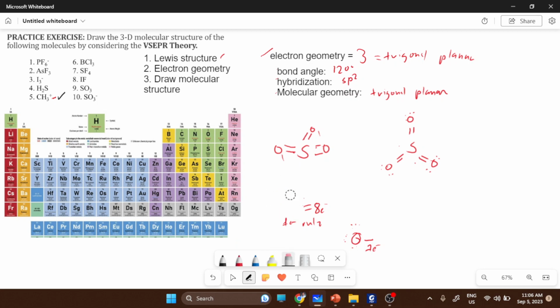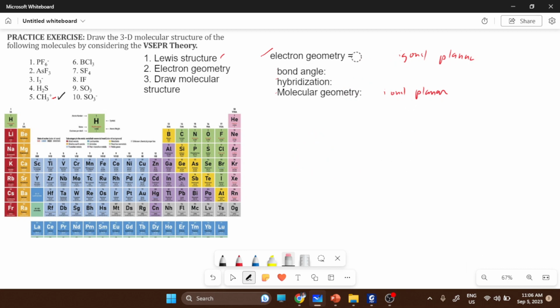Next natin is the sulfite. Actually, may typographical error ako dito. Kasi sulfite is 2 negative charge siya, not 1. So, I apologize for that. That is 2 negative. So, sulfite. Ayan. In the case of this, 5, 6. Yung oxygen natin, meron tayong 2 negative.